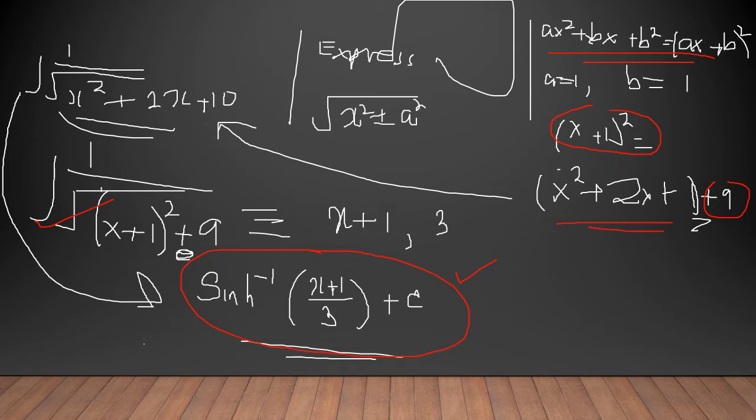So if we do the first one, we are given this question: x squared plus 2x plus 10.